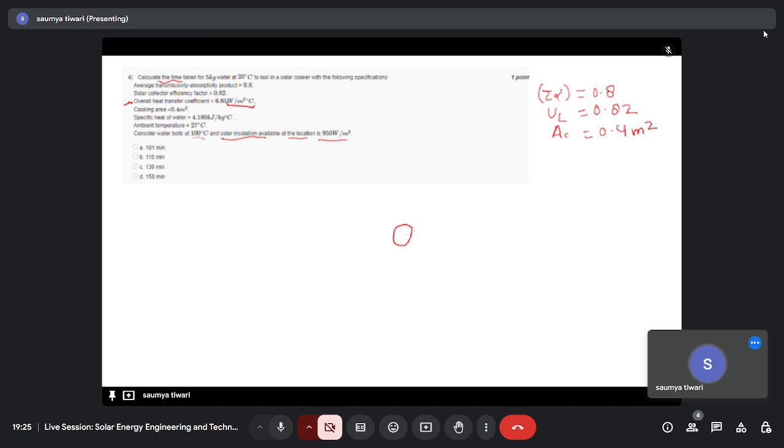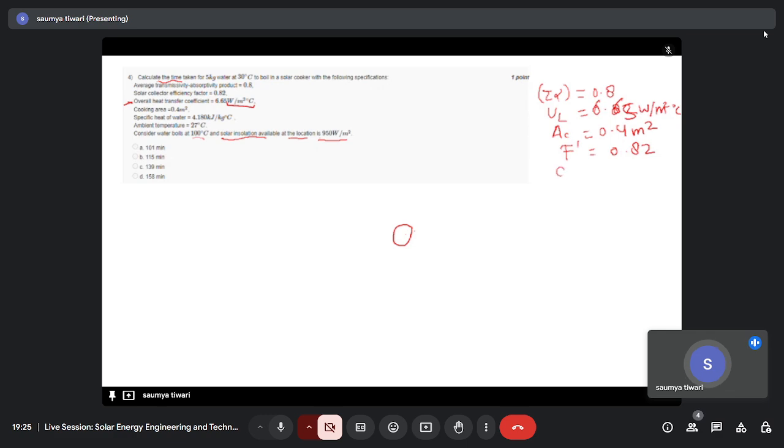The overall heat loss coefficient is 6.65 watt per meter square per degree Celsius. Your collector efficiency factor is given as 0.82.